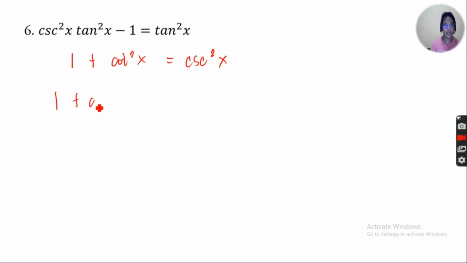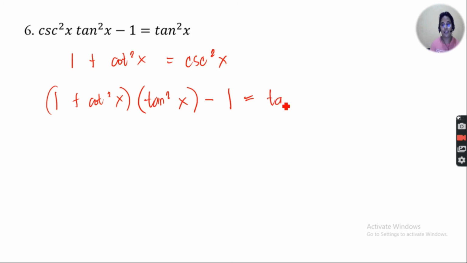So, 1 plus cotangent squared x times tangent squared x minus 1 is equal to tangent squared x po. Then, distribute po natin. So, 1 times tangent squared x is tangent squared x. Then, cotangent squared x times tangent squared x.